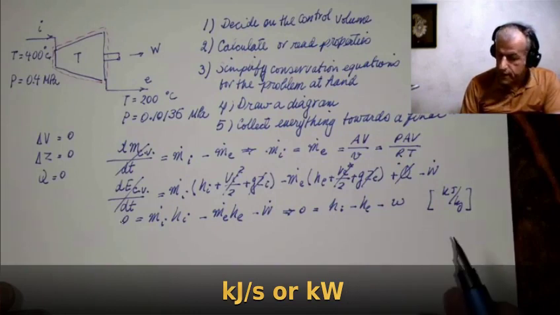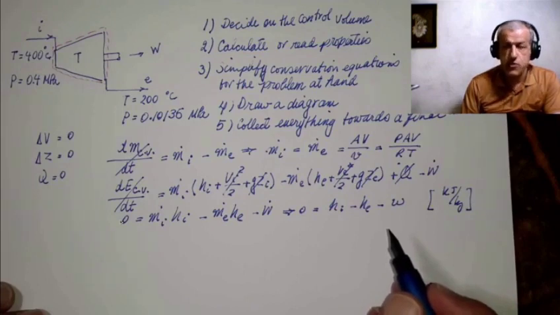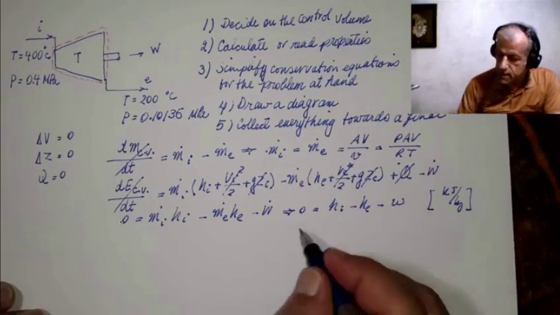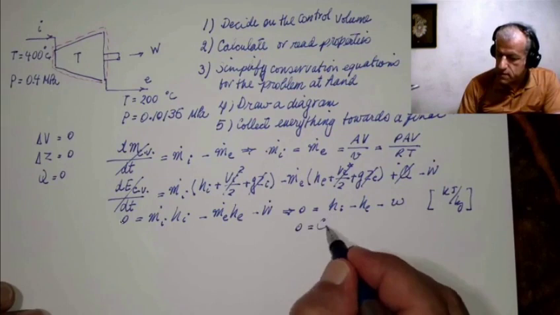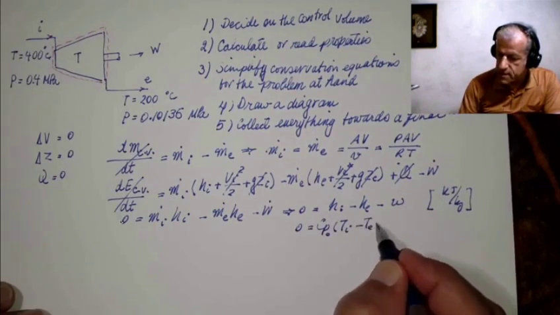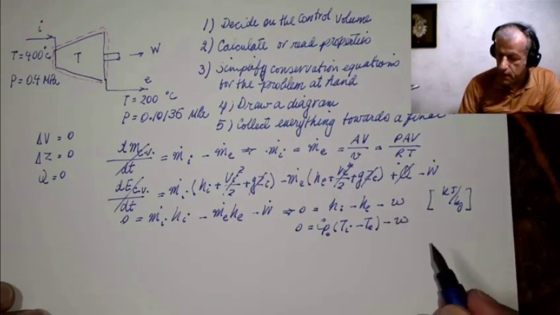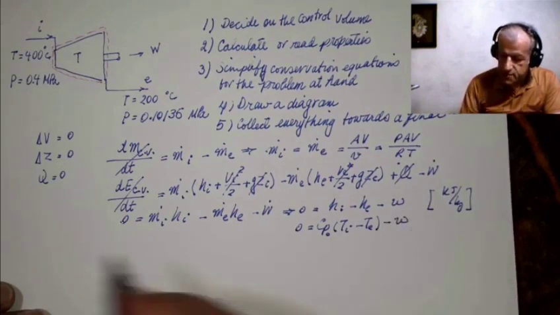This equation has dimensions kilojoules, and this equation has dimensions kilojoules per kilogram. Now, for a perfect gas, if we assume Cp0 to be constant, we may write this as 0 equals Cp0 times (T_i minus T_e) minus w, where we have everything except w.